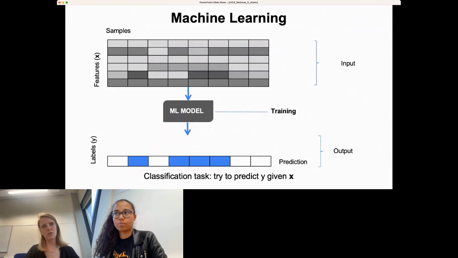And so the first thing to train it is that you need to show it a lot of examples. So you will show it both examples of input, of things that it wants to make the predictions on, as well as output, the predictions it wants to make. And if we are in this setting, we are actually talking about supervised learning.